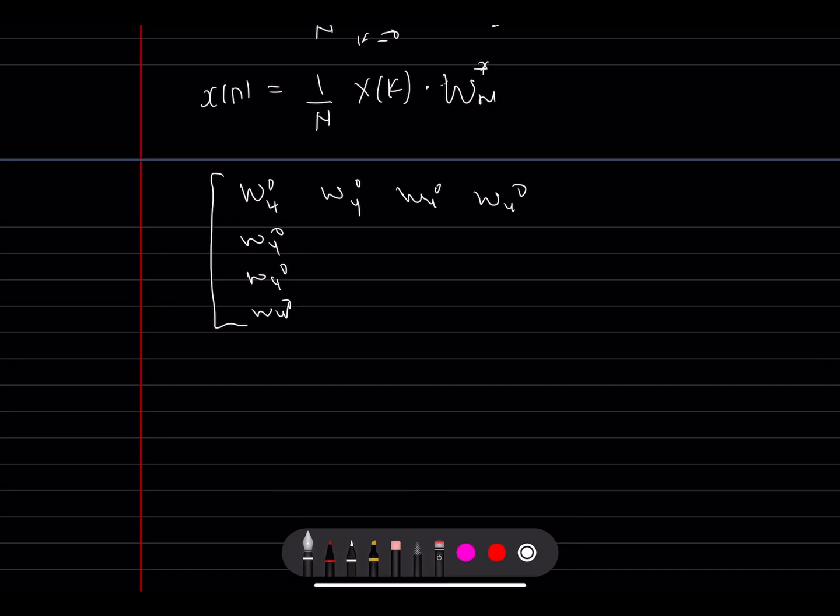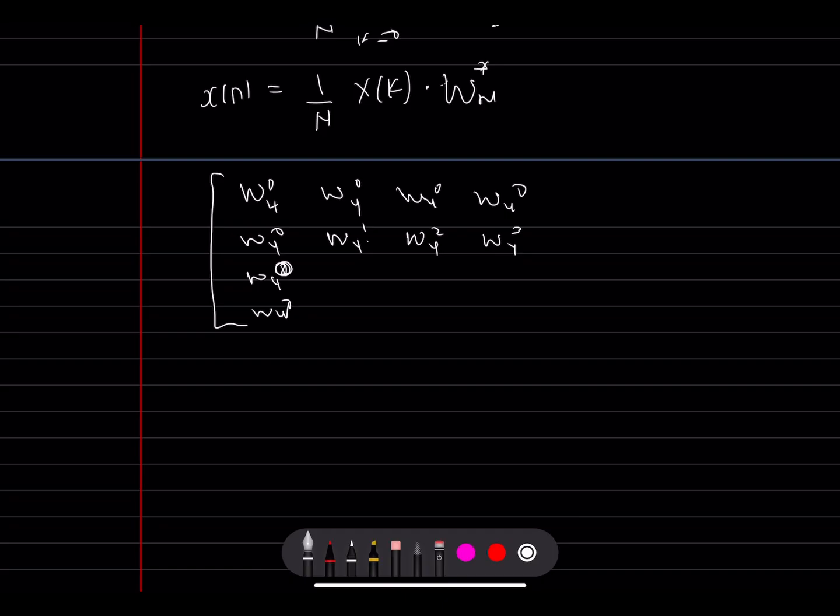If you want to write the rest as I was deriving already, I hope you took note of it. If you don't remember, you can go to those tutorials and rewatch them. So we have omega 4 of 1, omega 4 of 2, omega 4 of 3. The second row is the multiple of the power. Here is 0, here is 1.